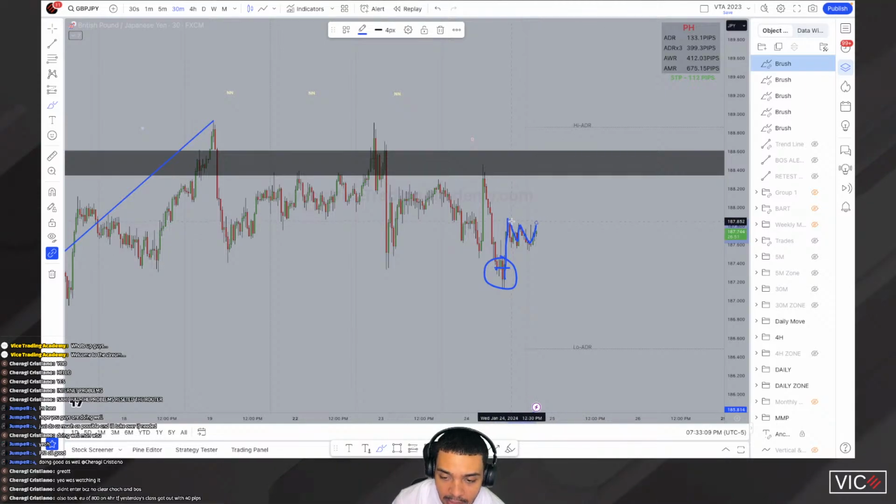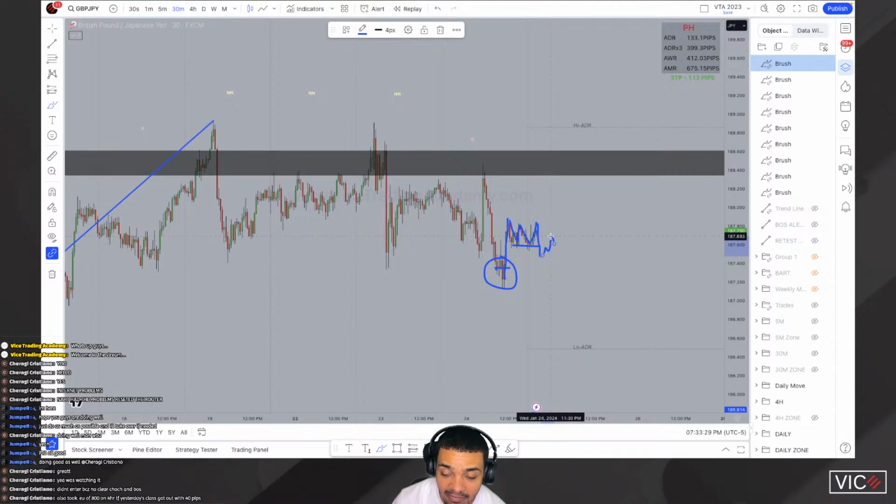In accumulation, what I want to see: did they sweep again? If they sweep again, yes. The next thing is after they sweep, what? I'm dropping to the lower time frame to see market structure. After they sweep, I want to see a change of character, BOS, on the 5 minute. When I see that BOS, price is pulling back.